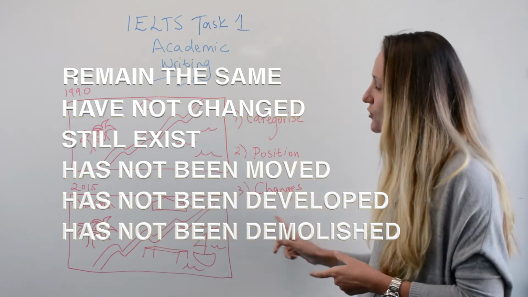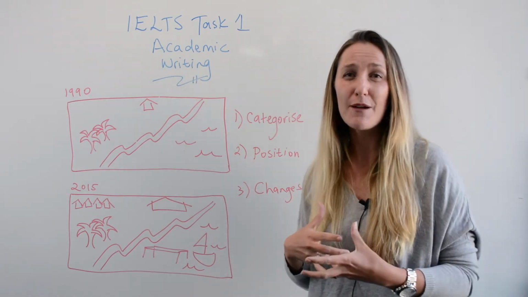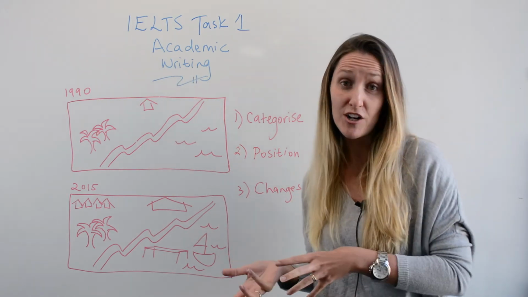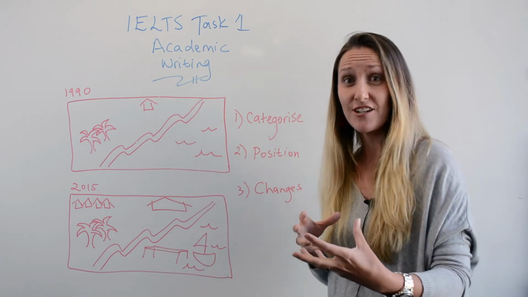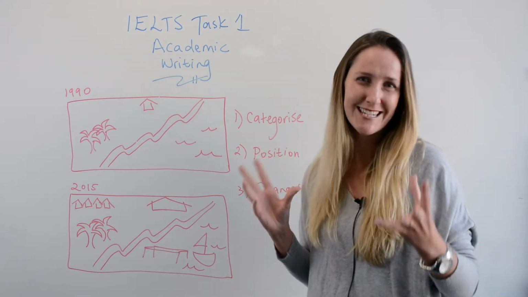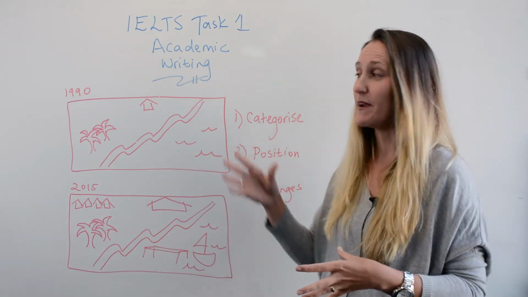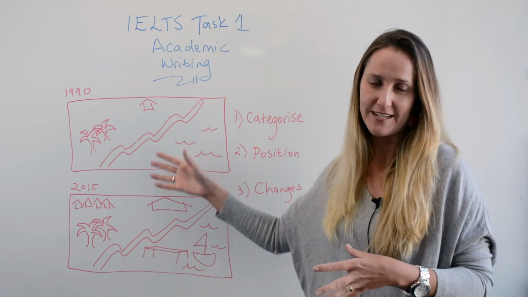So make sure that you learn a variety of verbs that you can use to describe the changes in construction, in extension, adding, removing, demolishing, extending. All of those verbs are going to help you when you're describing changes that have taken place.